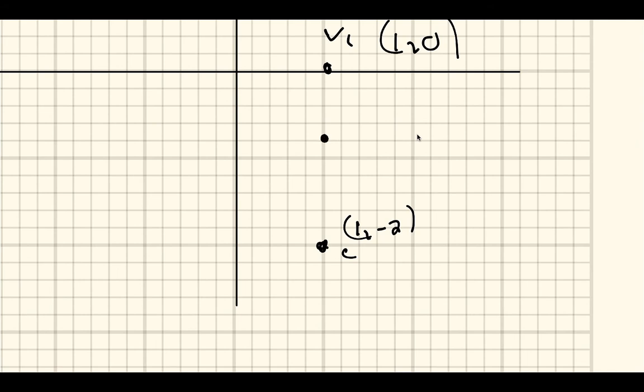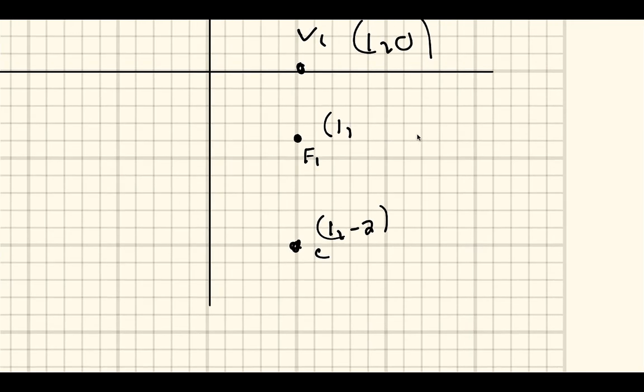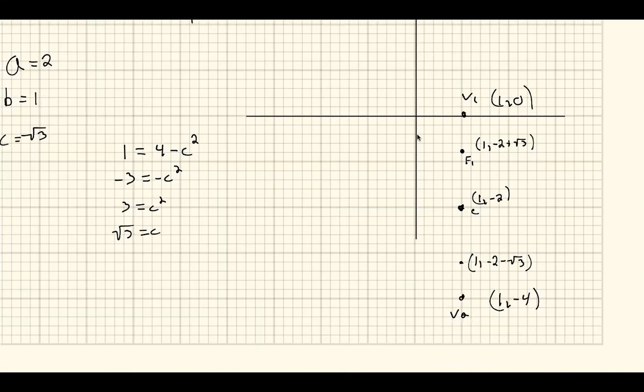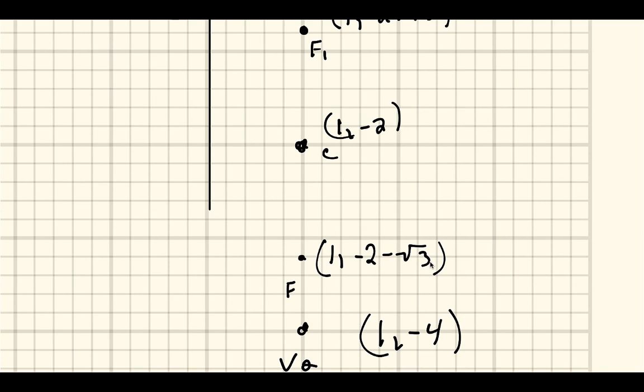This might not be super accurate, but this is F1. We'll say this is at 1, negative 2 plus root 3. And then we'll have another one down here at 1, negative 2 minus square root 3. Okay, and that's my 2 vertices, V1 and V2, and my 2 foci, F1 and F2.